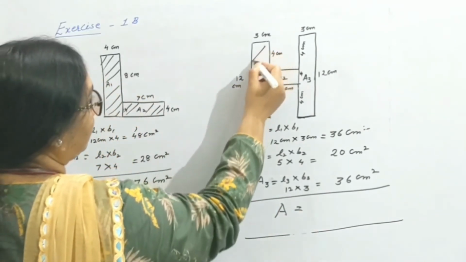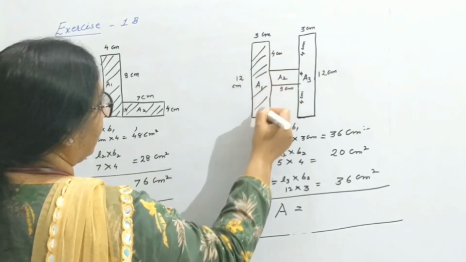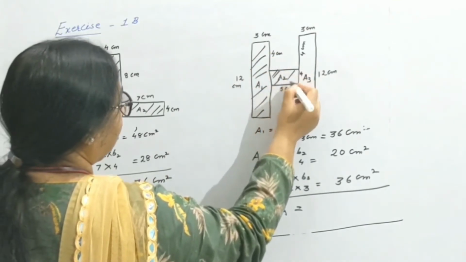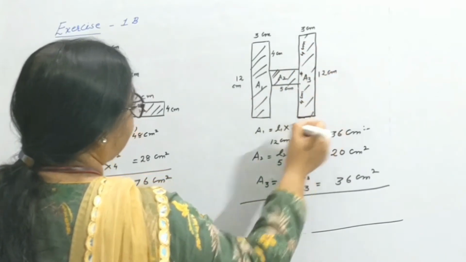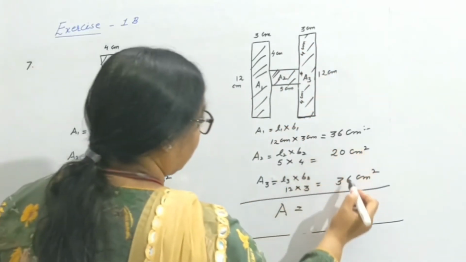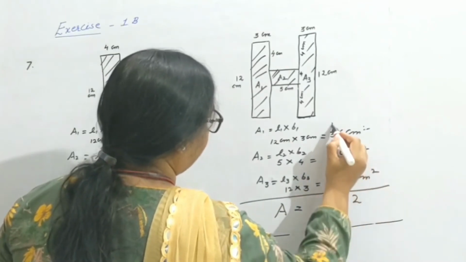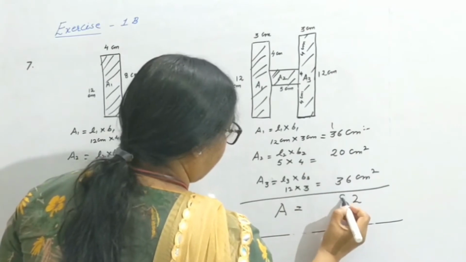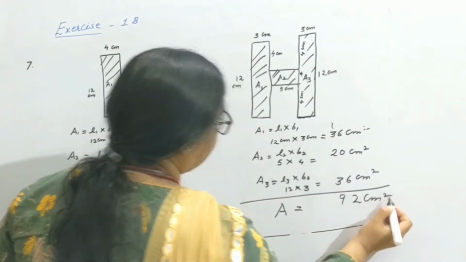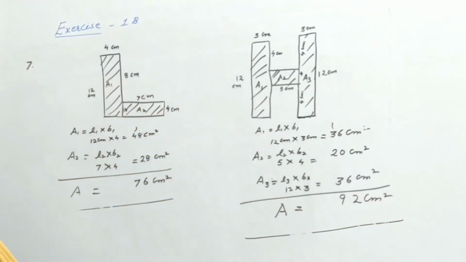A1, this area, plus A2, this area, and A3, this area. So let us add all. 6 plus 6, 12, 2 down, 1 carry, 3 plus 3, 6, 7, 8, 9. So 92 centimeter square is the area of the second figure.